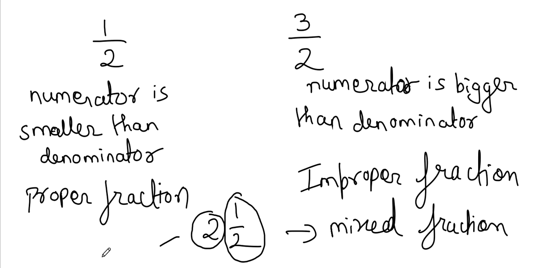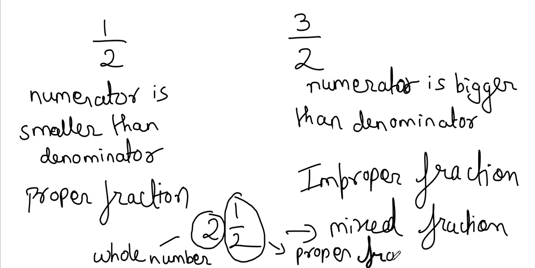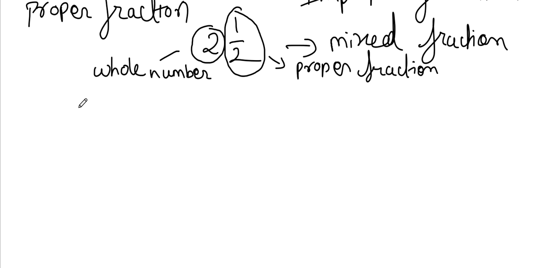Now 2 is the whole number and half is the proper fraction. That is the mixed fraction. Now, when we want to convert a mixed fraction into improper, when I give you the name, you should know how to identify whether it is a proper fraction or improper fraction.